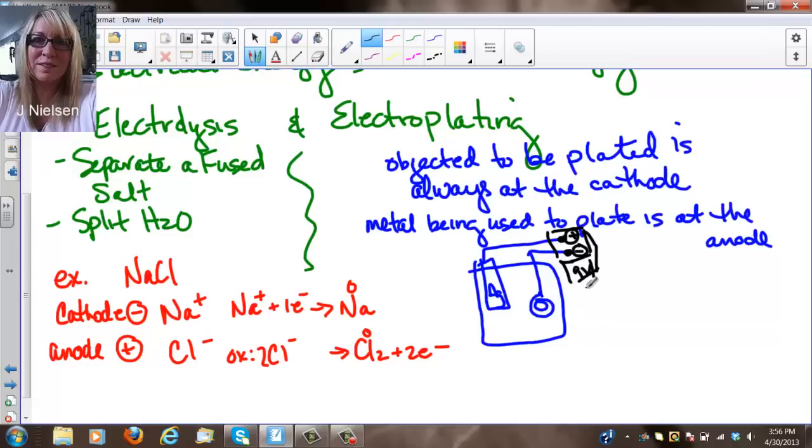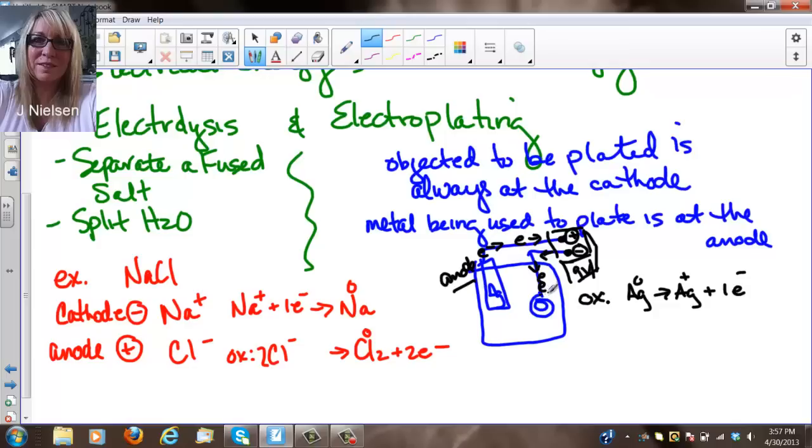So at the cathode, I have reduction, and at the anode, I have oxidation. So my oxidation half-reaction, this is my anode, over here where the silver is, I've got Ag0 going to Ag plus 1 electron. Okay? Over here, reduction, remember that electrons flow from anode to cathode. So my electrons are flowing this way and then this way.